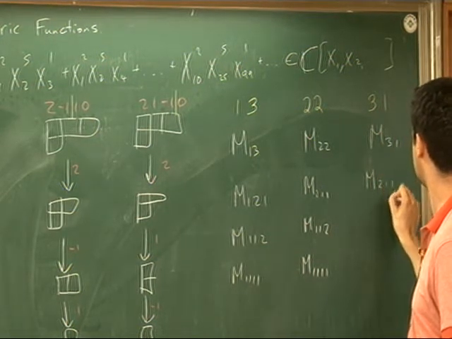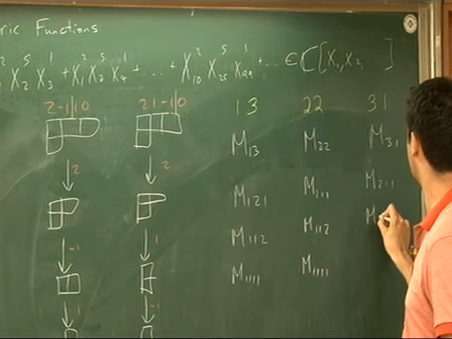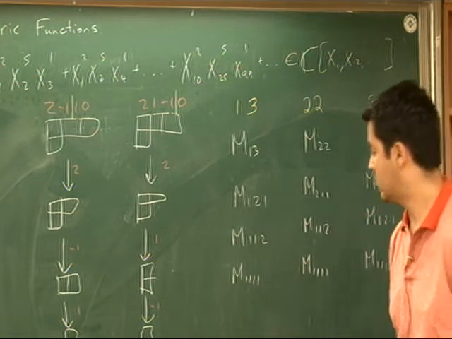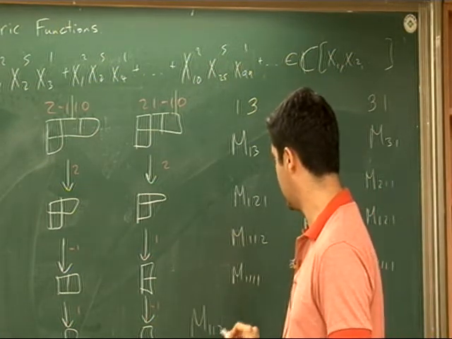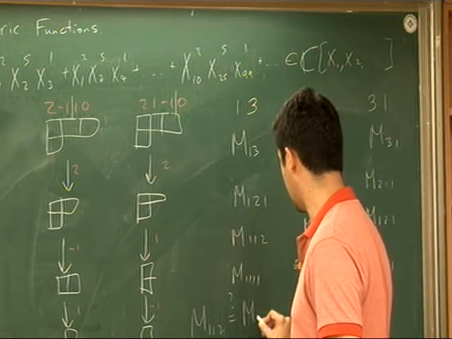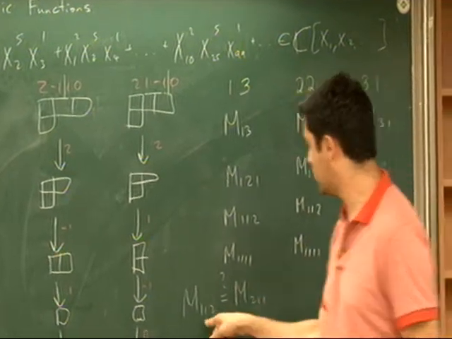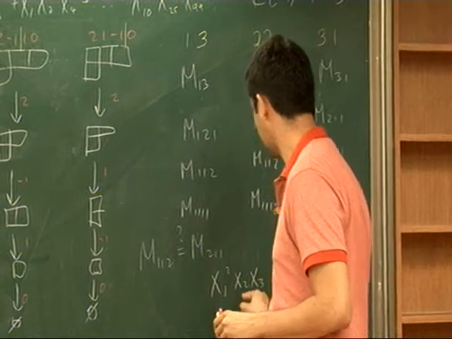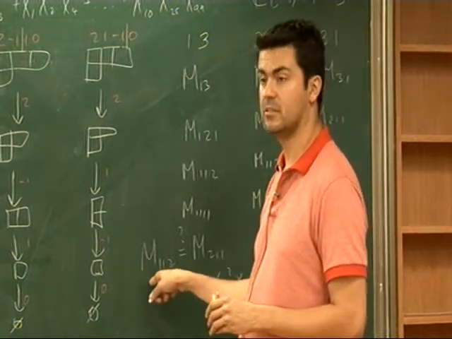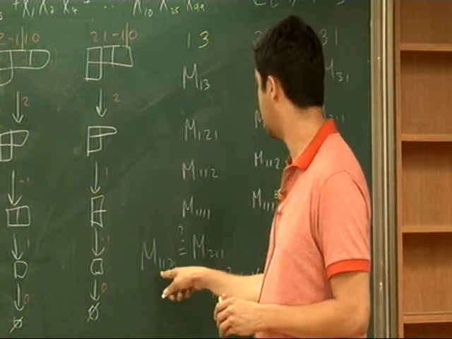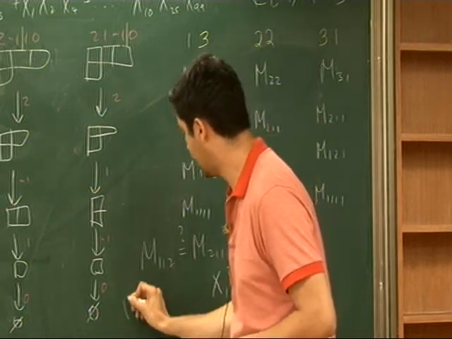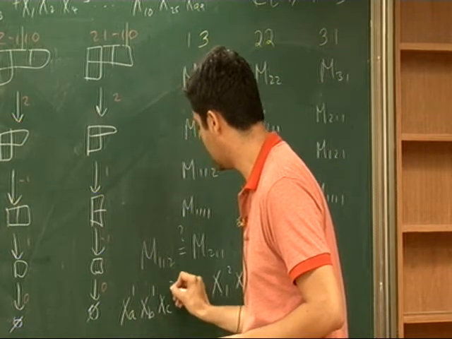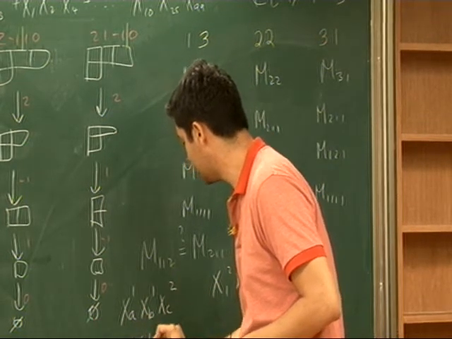Isn't M121 equal to M112? No. The question is if M112 equals M211? No, it's not, because this one has the monomial x1 squared, x2, x3, and this one doesn't. Because it has to be xa to the 1, xb to the 1, xc to the 2, where a is strictly less than b, strictly less than c.